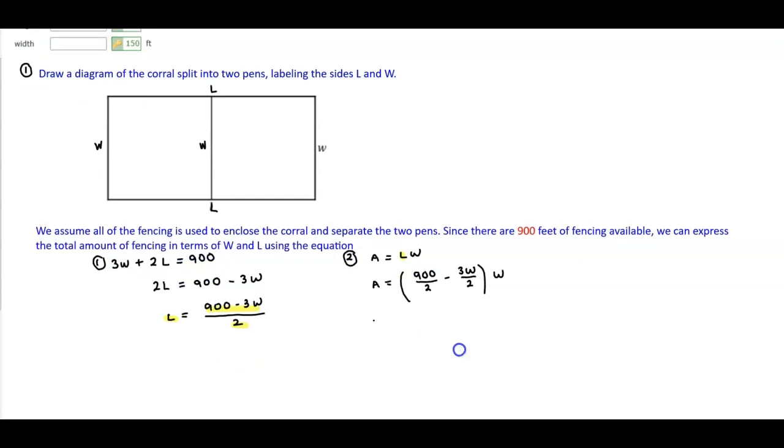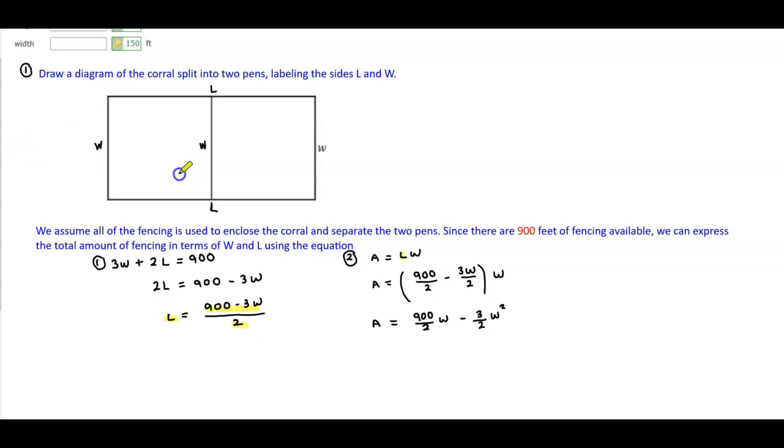Therefore, A is going to equal 900 over 2 W minus 3 over 2 W squared.